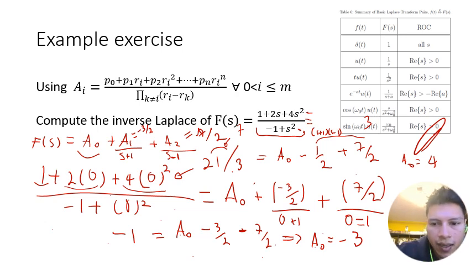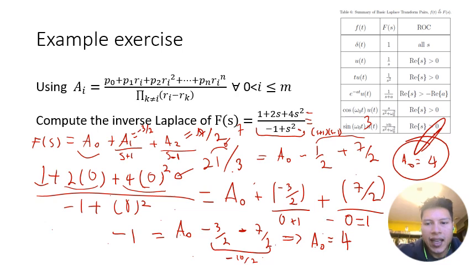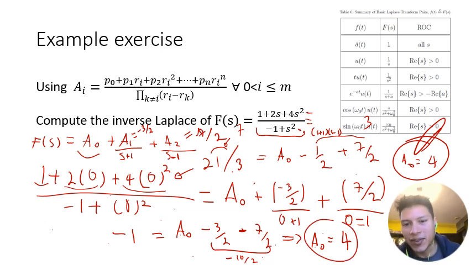And then now this becomes 10 over 2 negative, which means that A0 has to be 4. So you see that we actually had the wrong answer previously, but now we got the right answer because I can't do arithmetic. But in both cases, the answer should have been 4. Cool. So that's how we do it.